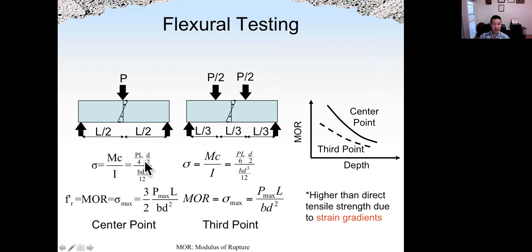Okay, and I is the moment of inertia. Okay, and depending on the setup, the sigma we can calculate accordingly. And the modulus of rupture, or MOR, okay, can be calculated based on one of these two equations, depending on the setup.